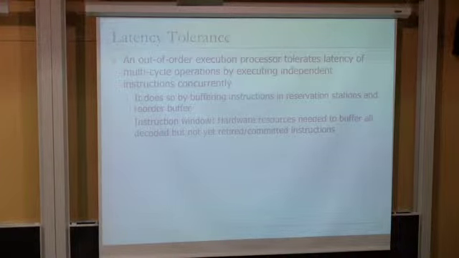So we call this the instruction window, so I'll define it here more concretely. These are the hardware resources needed to buffer all decoded but not yet committed instructions. And you know all these terms by now. Commit or retirement means an instruction can retire after it's the oldest instruction and after it's ready, right?